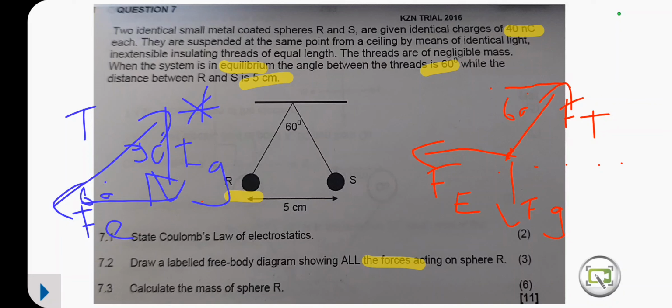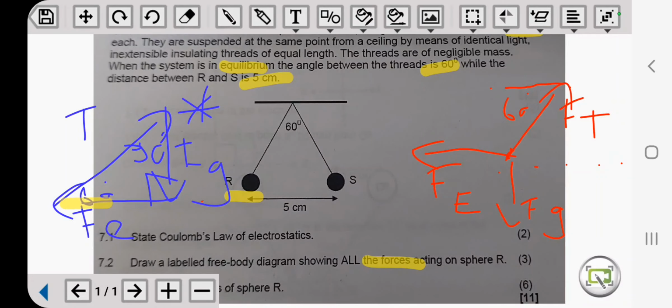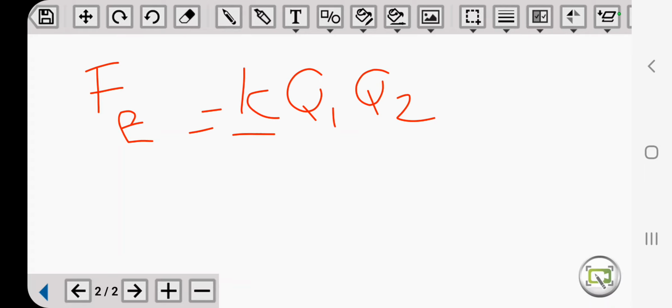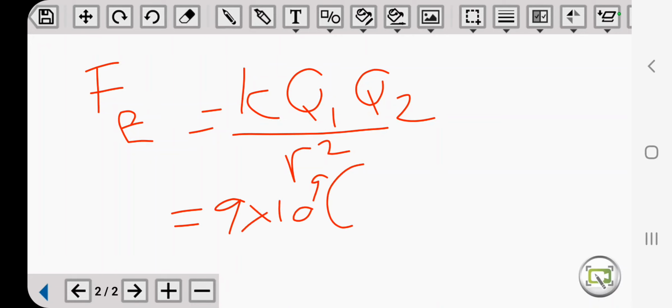But first of all, we need this Fe. And we're going to calculate the force between the two charges using our normal k Q1 Q2 over r squared. Let's go and do that. Q1 Q2 over r squared, which is 9 times 10 to the power of 9, 40 times 10 to the power of negative 9, converting it to coulomb, and that is for both of them.